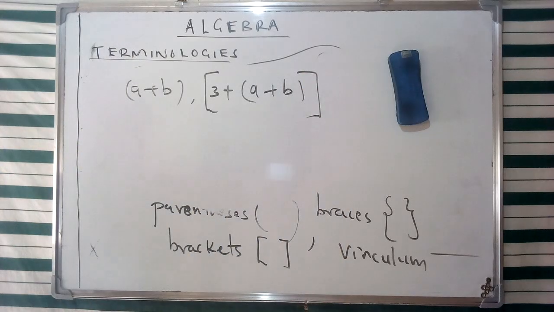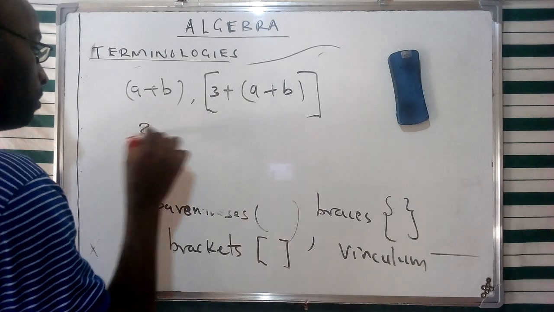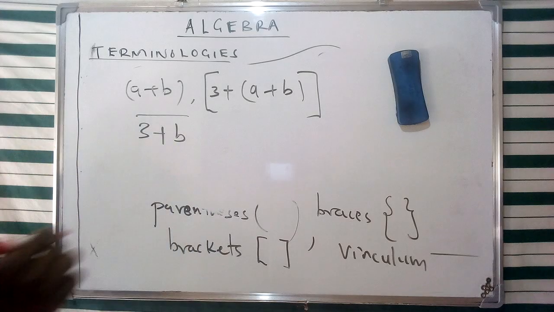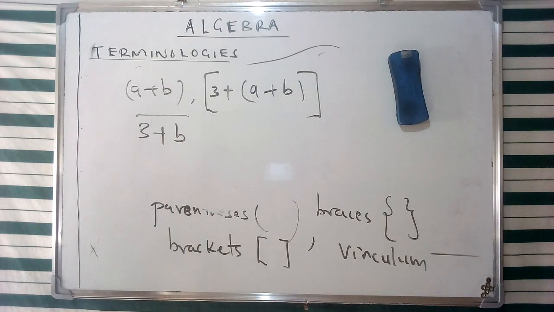This is the use of square brackets. And of course we can use a vinculum, using perhaps 3 plus b with a bar over it. That constitutes part of the terminologies that we're going to come across in algebra, these operations and other related topics.